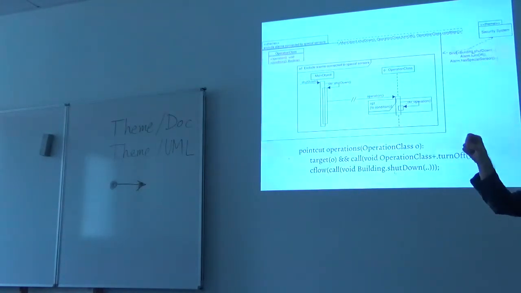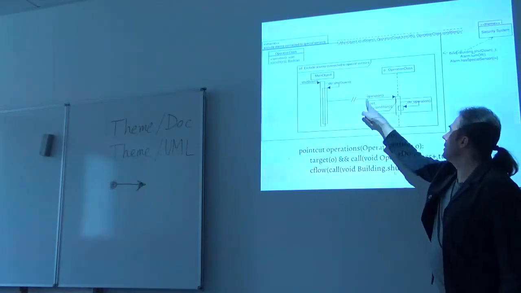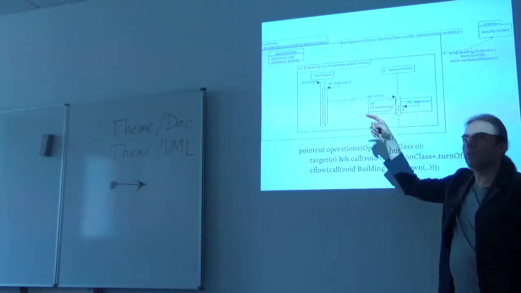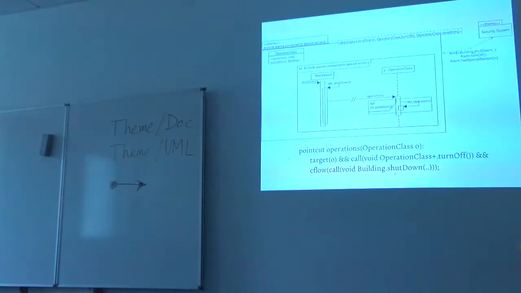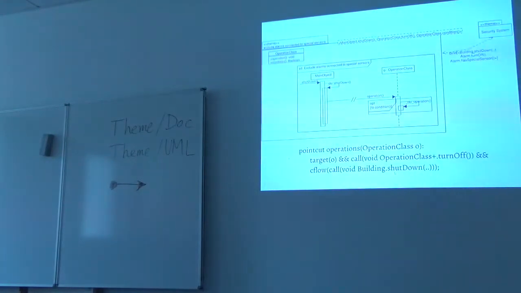We are just following control flow in order to get here, and this is expressed by this arrow. This is not a part of the theme UML, so this is being added. I think some other people also thought of this and added this notation or notational extension to the theme UML.